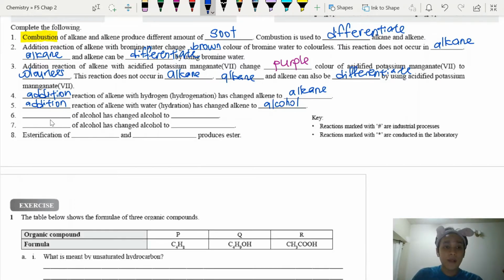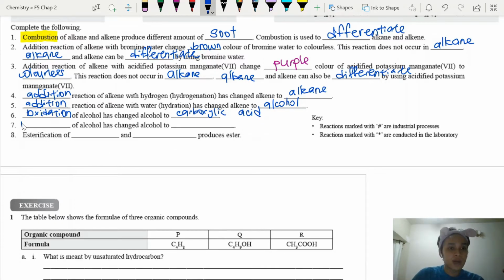For the alcohol part, oxidation of alcohol changes alcohol to carboxylic acid. You must know the conversion: how can I convert one form to another?